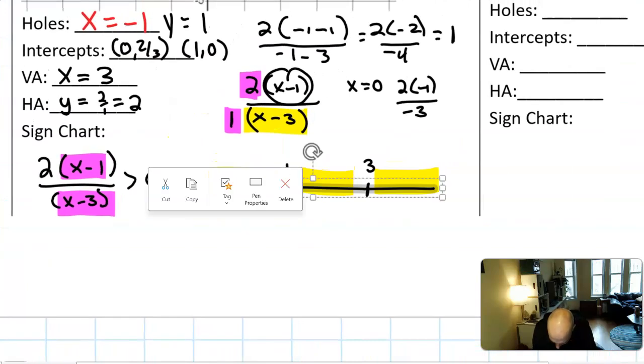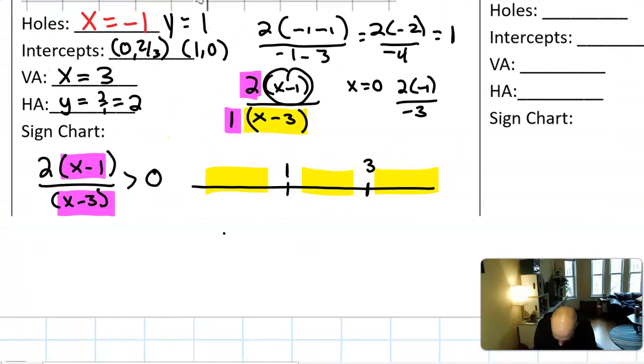So let's think about 0. If we plug in 0, then we'd have a negative term divided by another negative term. I'm going to write that up here. To the left of 1, we're always going to have a negative over a negative times 2, which is always positive. So the graph is above the axis down here.